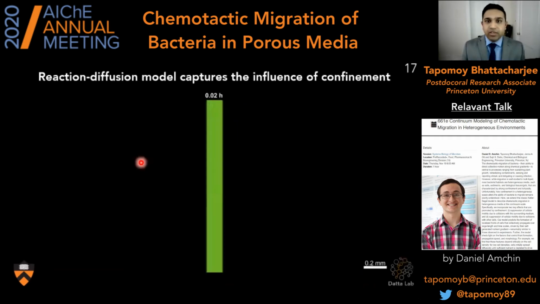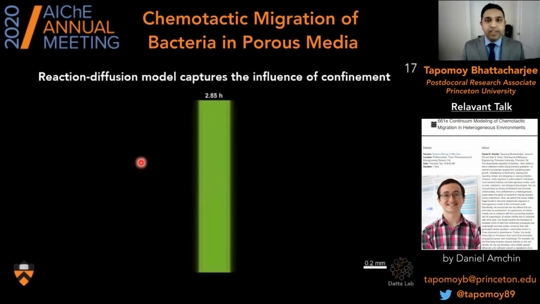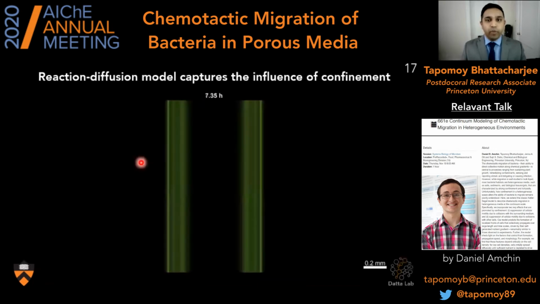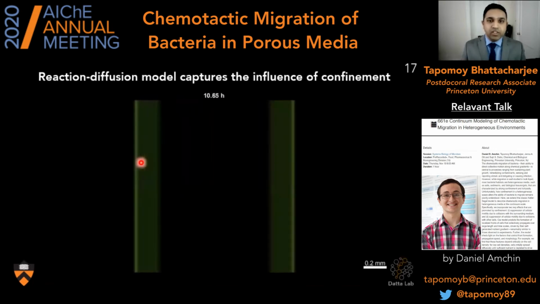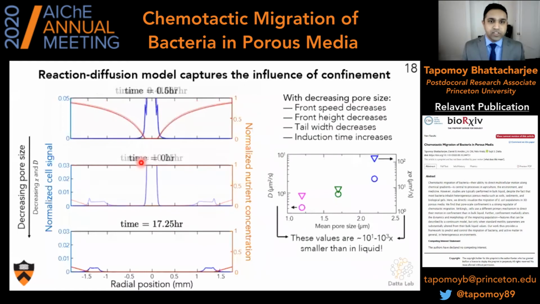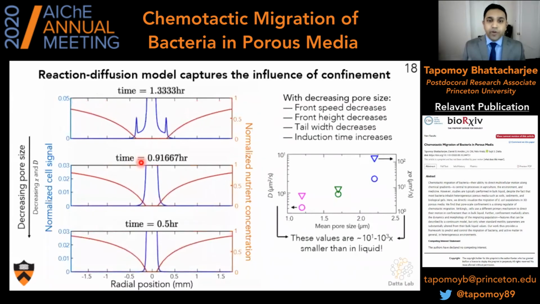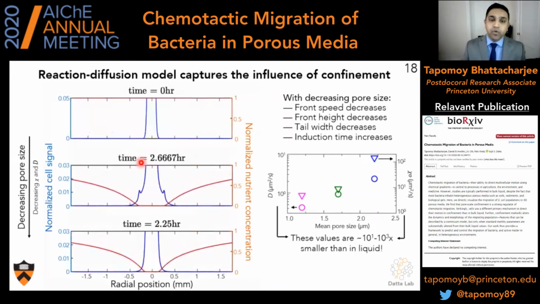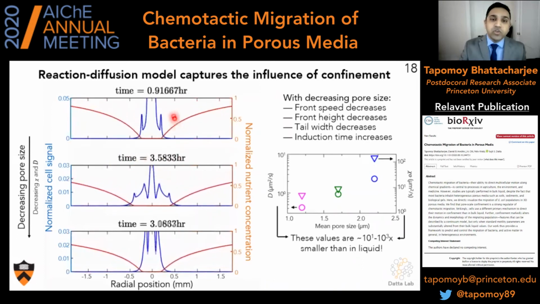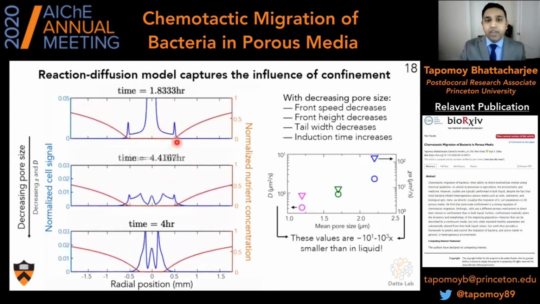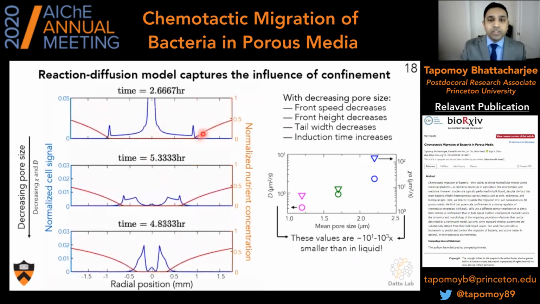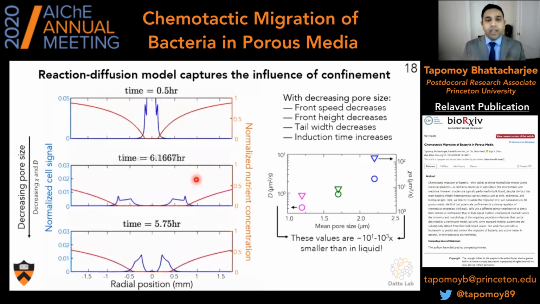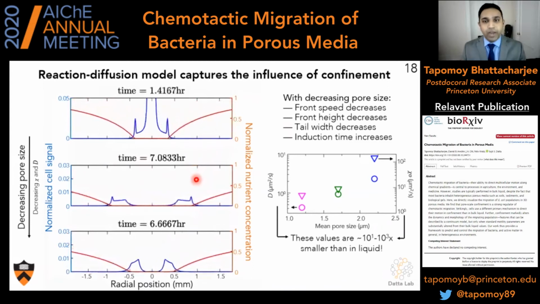Our reaction-diffusion model qualitatively predicts this kind of traveling wave formation. We can repeat this process at 3 different pore sizes to find that not only does our model predict this traveling wave formation in porous medium, but it also confirms that these traveling waves actually follow the nutrient gradient. So bacteria are actually following their own nutrient gradient.